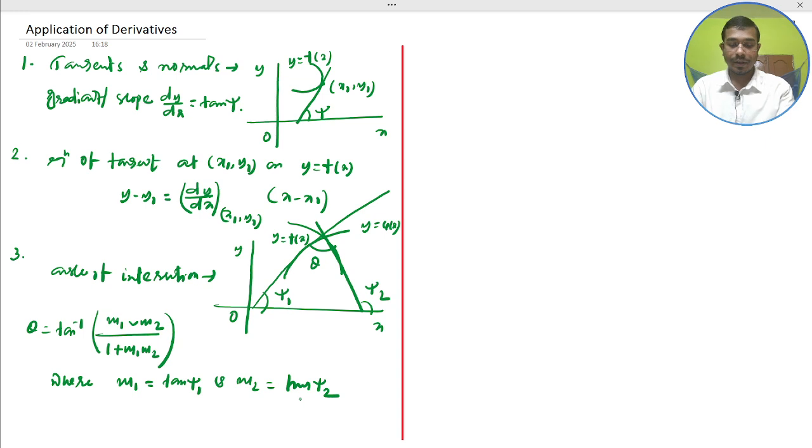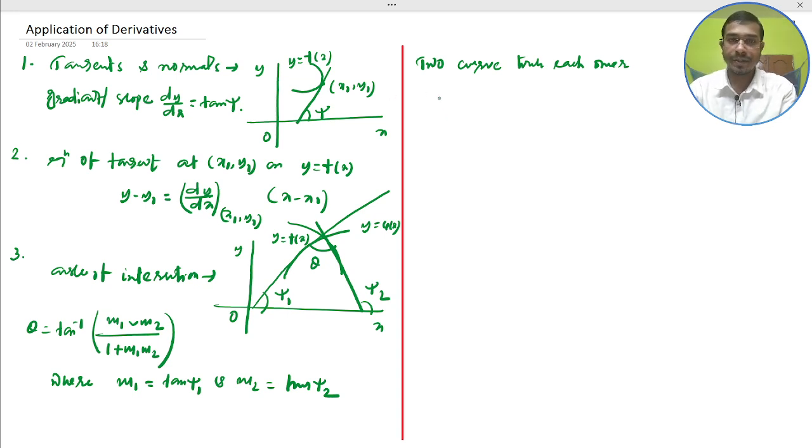Clear? So the condition for two curves to touch each other. Two curves touching each other means theta equal to 0 degrees. I just write this in the digital board, so my handwriting is a bit scattered.